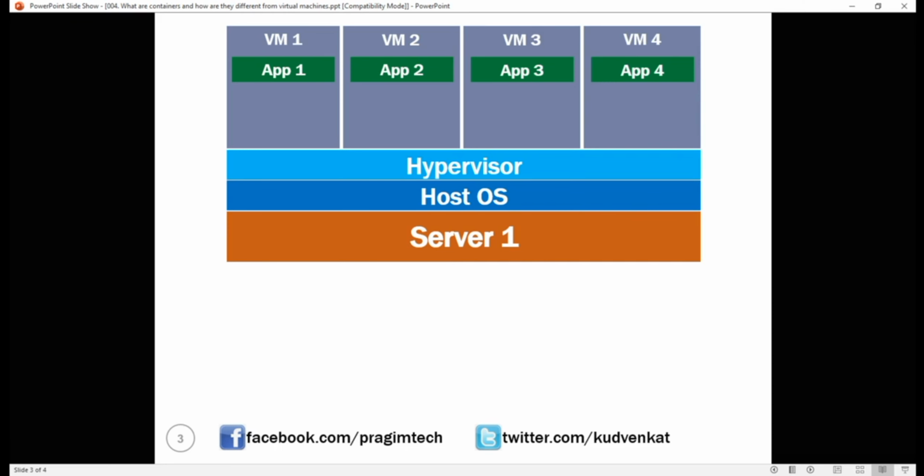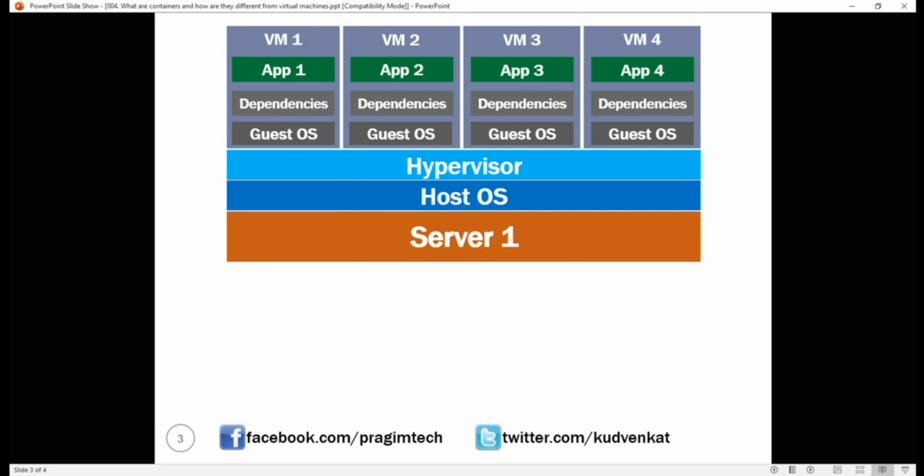So this means we need to install 4 operating systems, one on each virtual machine, usually Windows or Linux. This operating system that is installed on a virtual machine is usually called guest operating system. So on top of this guest operating system, on the VM, we install our business application and any dependencies it might need. Now, just imagine the server resources that are required to install and run 4 operating systems.